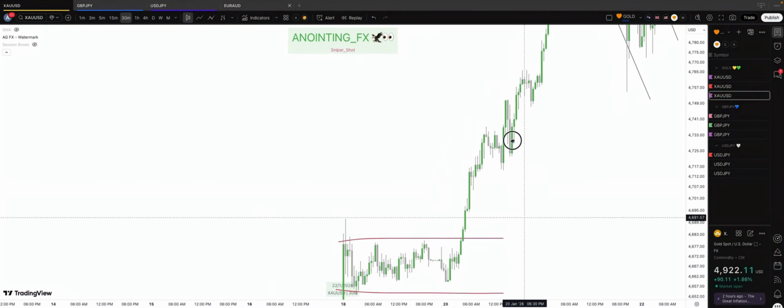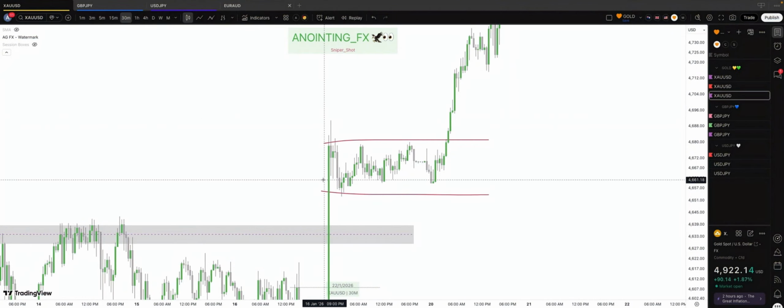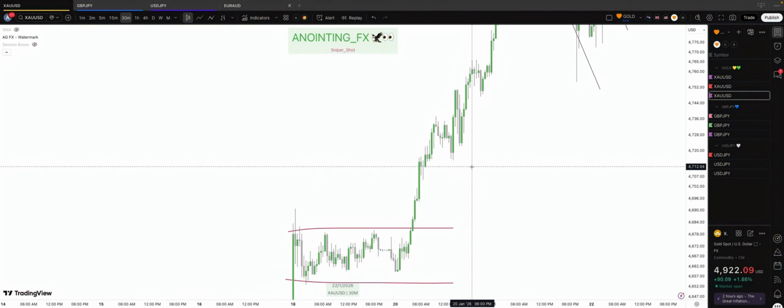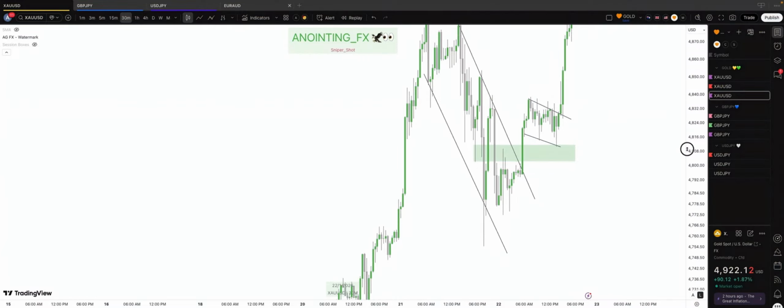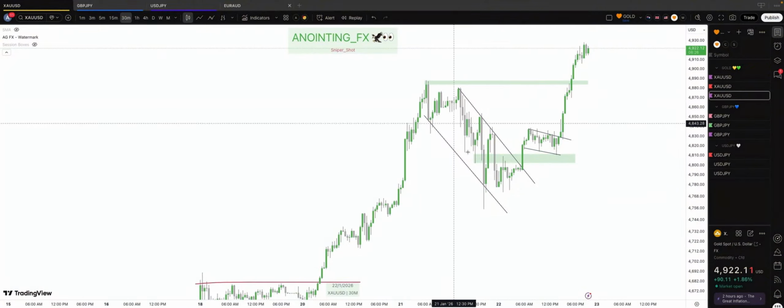Okay, so whenever there is an impulsive movement, a correction, a continuation, the continuation also becomes an impulsive movement. There was this impulsive movement again all the way to the upside, and then we saw price retracing to the downside, and this is the correction phase.